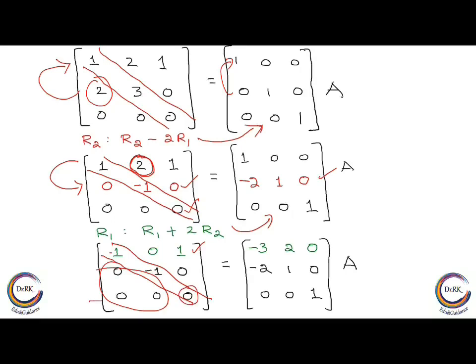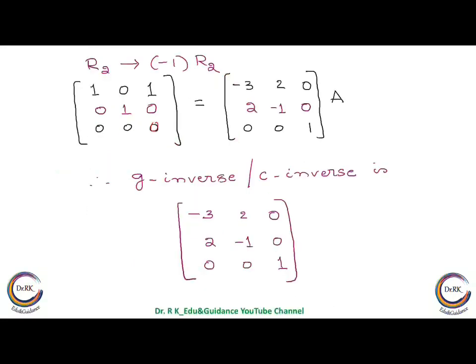But the principal diagonal must have ones and zeros only. So we can convert this minus 1 into plus 1, that is, we divide that row by minus 1. If you divide R2 by minus 1, we get this. Now this is exactly the Hermite form.